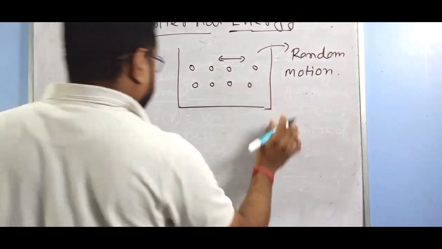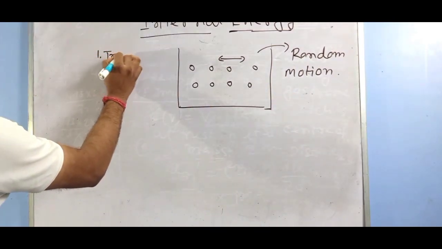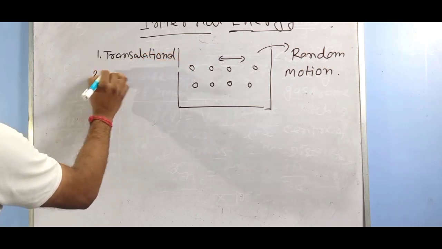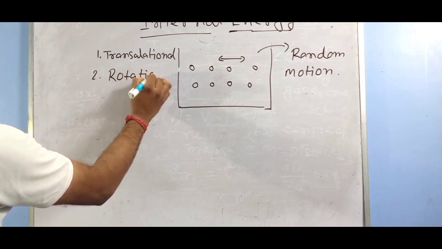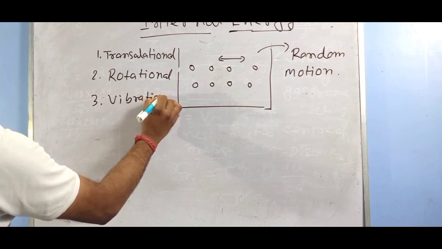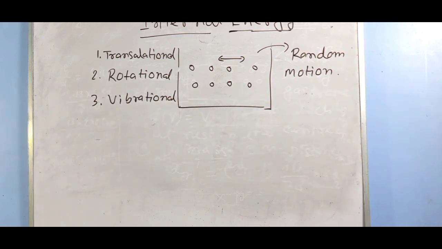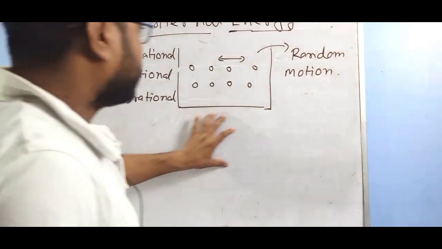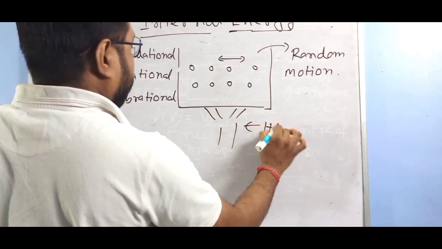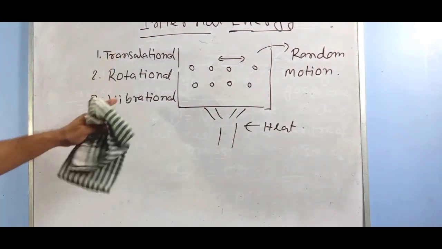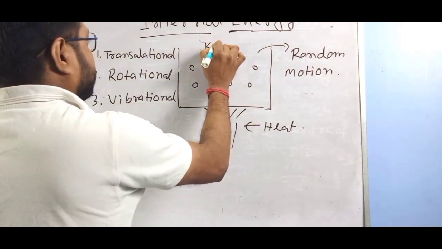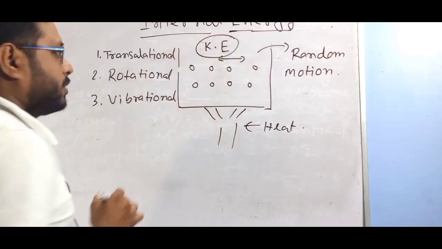This motion may be of three types: one is translational, one is rotational, and one is vibrational. Now, when we give heat from outside, the translational, rotational or vibrational motion increases, which increases its kinetic energy.